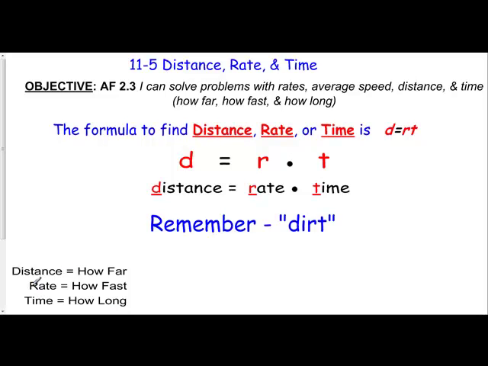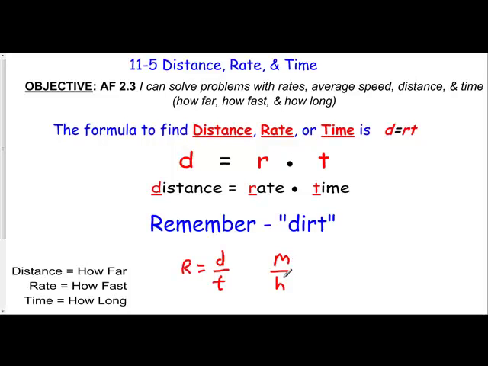Another thing you need to understand is that rate is a comparison of distance over time. Remember when we talked about miles per hour? That's a rate of speed.